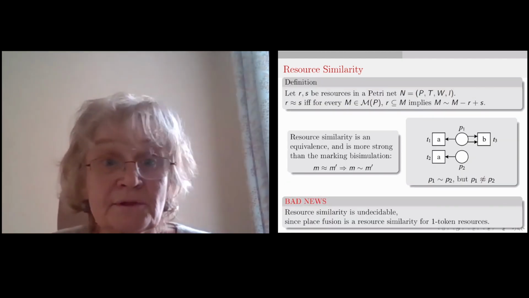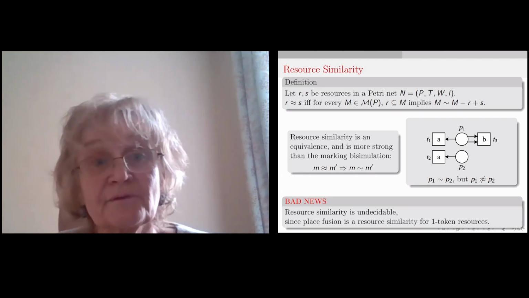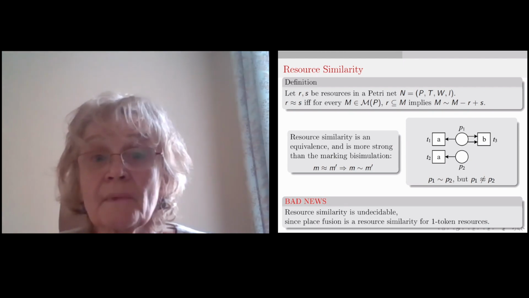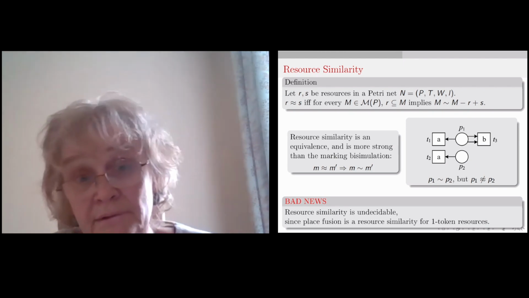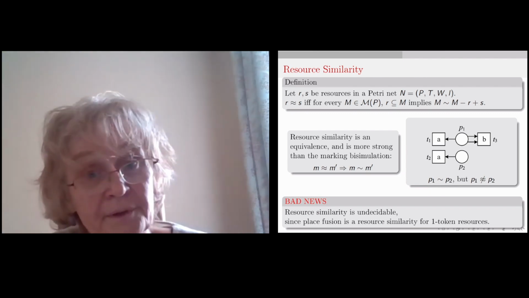But of course, place fusion is a special case of this resource similarity, so it turns out that it is also undecidable. And still, this resource similarity has nice properties.